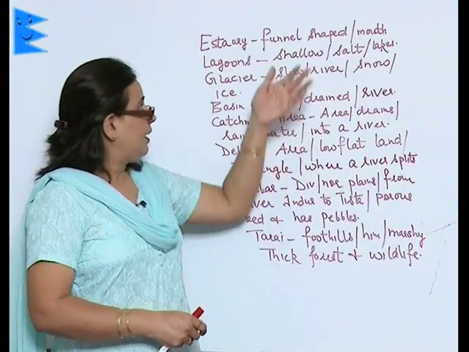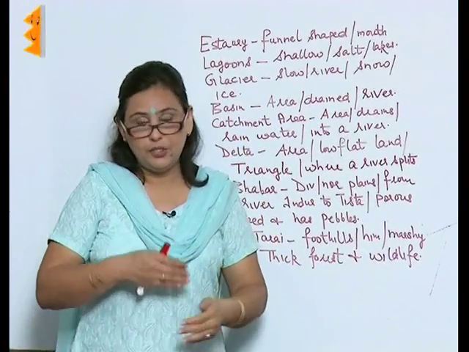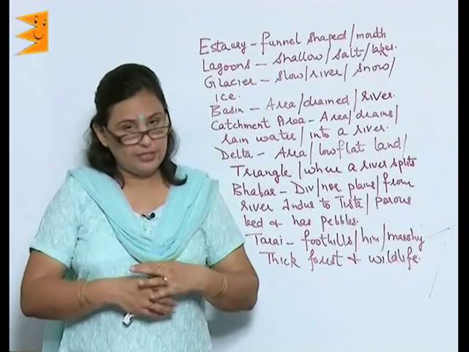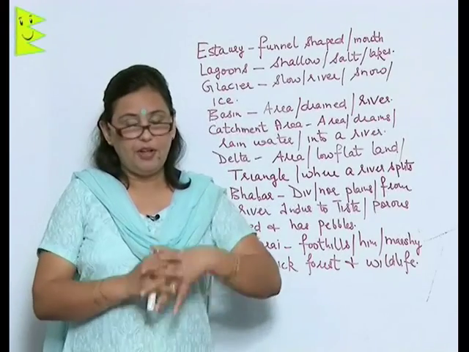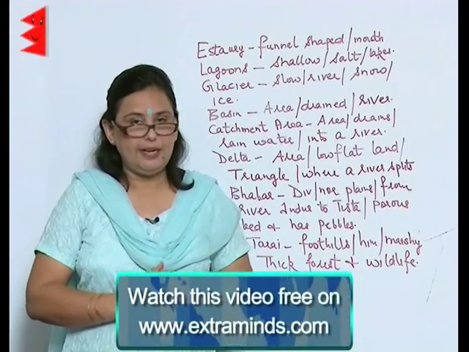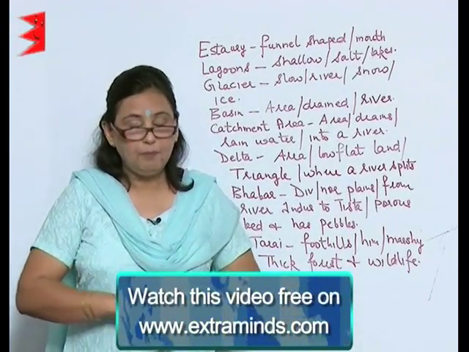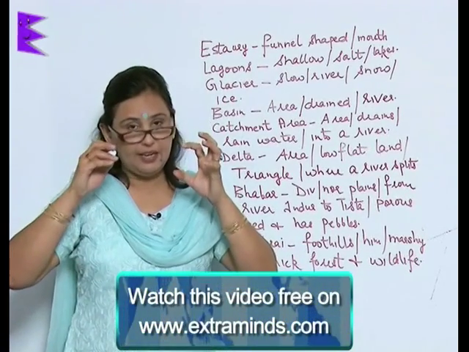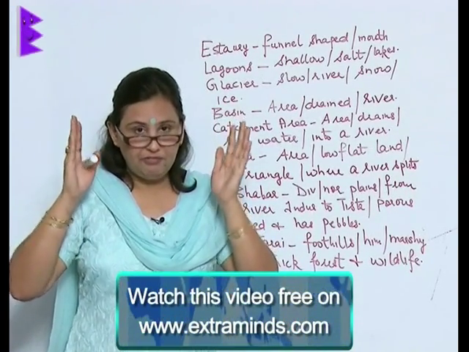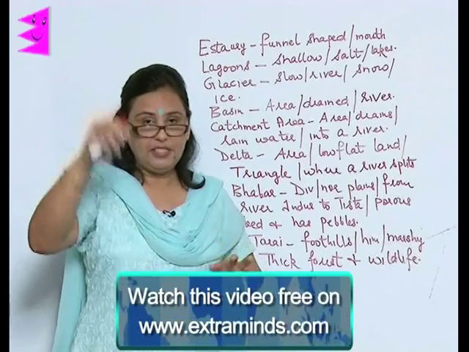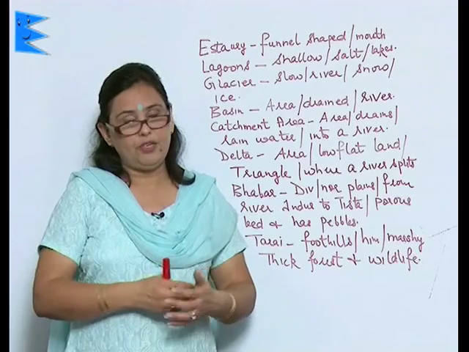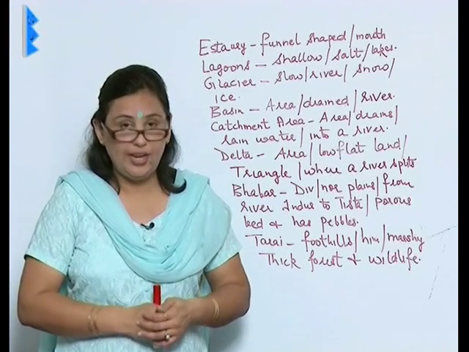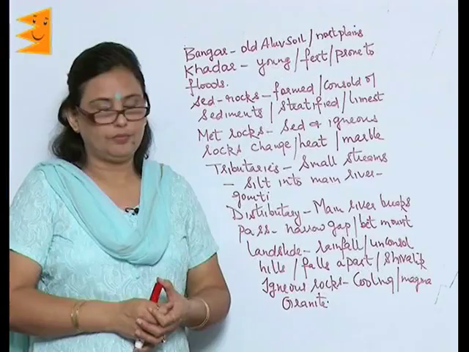So, children, these new terms that you are coming across, of course, most of them you are already aware of. You have already learnt about them in class 6th, 7th and 8th, but we shall be seeing here how they fit into the various physical divisions of India and how they have been responsible for shaping those features.